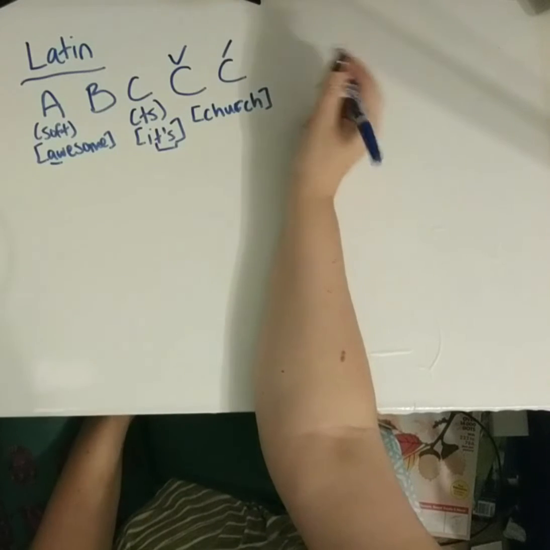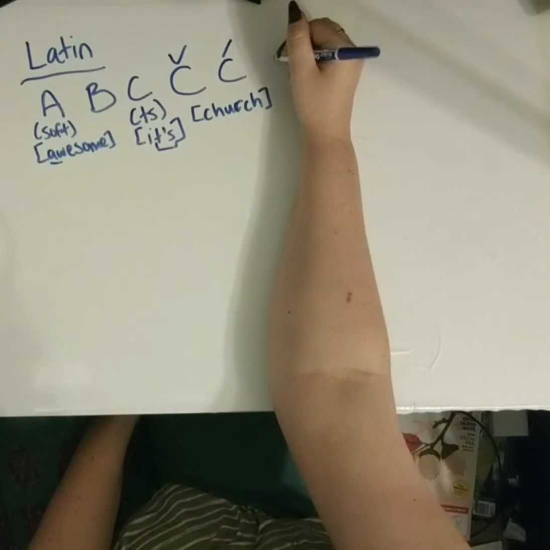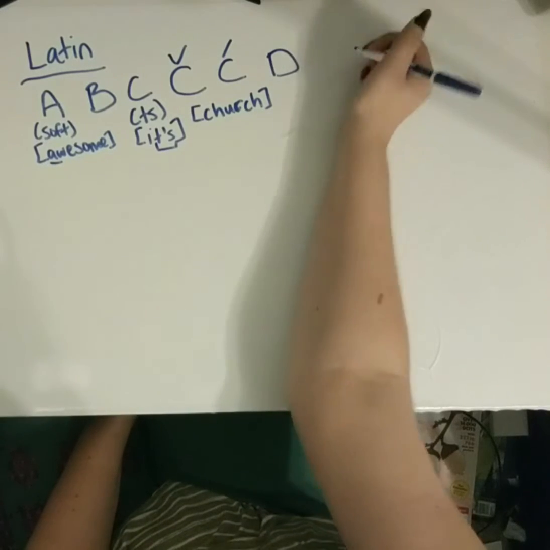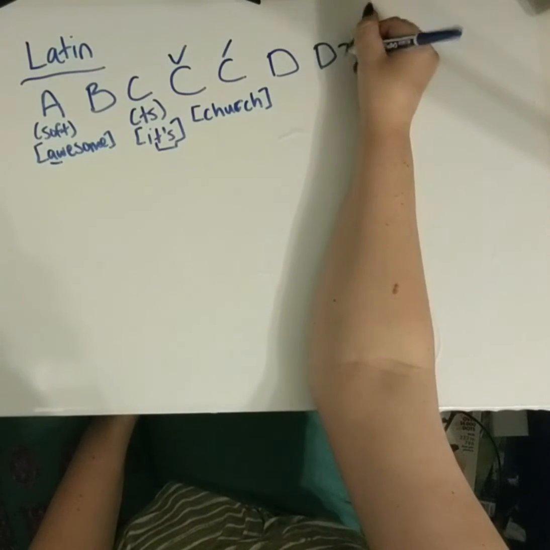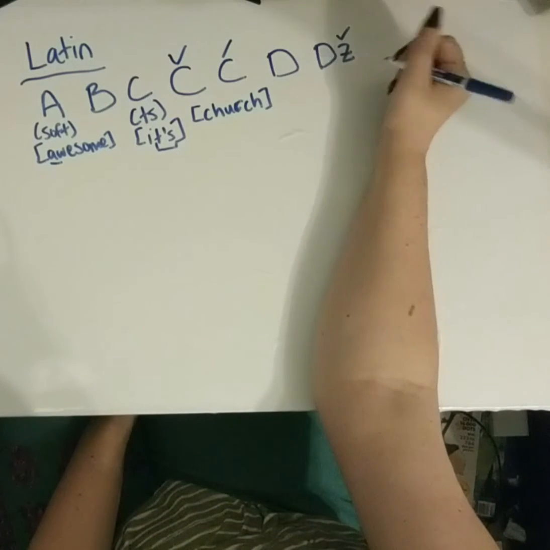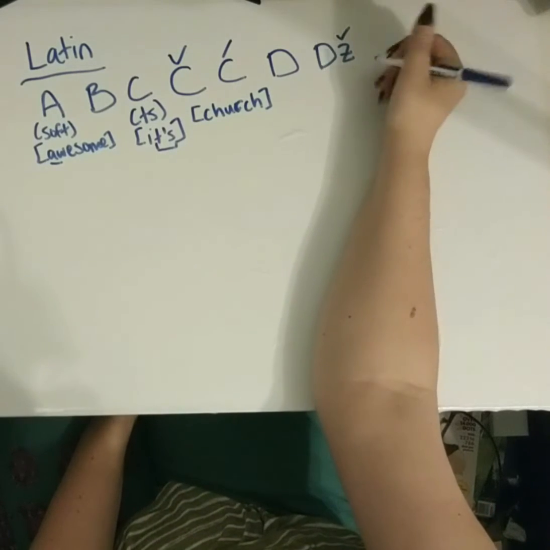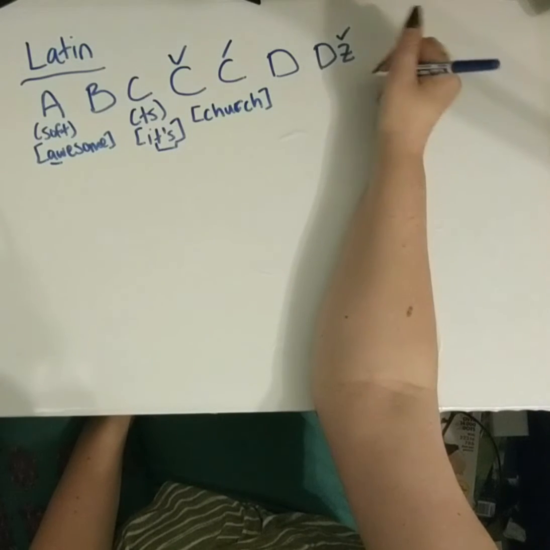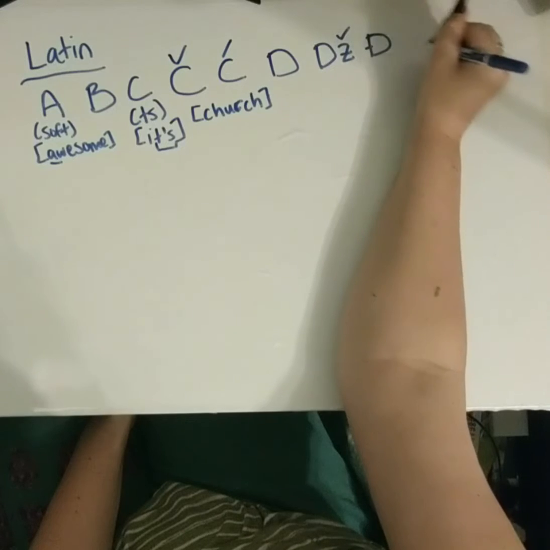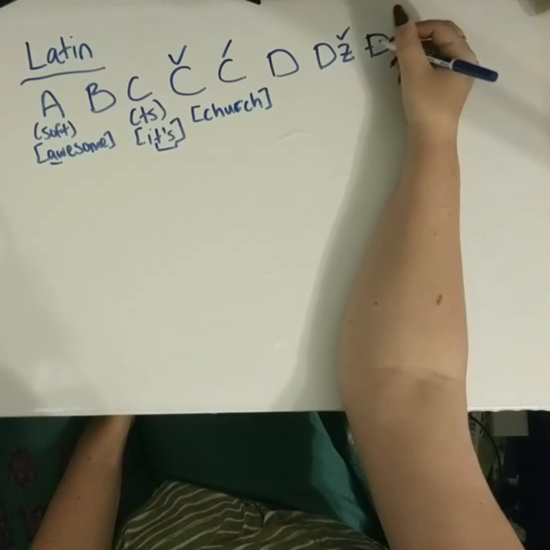Same with the D's. So we have 3 different D's moving along, just a regular old D, da, da sound. And then we have this, which looks like this. So I'm told this is a J sound, but then there's also this D, which is also a J sound.